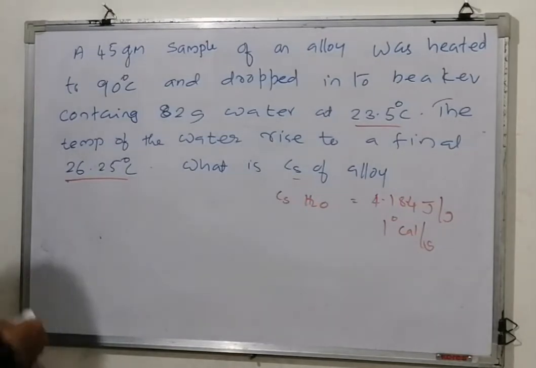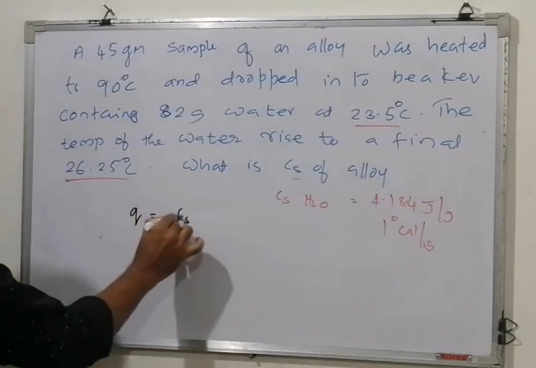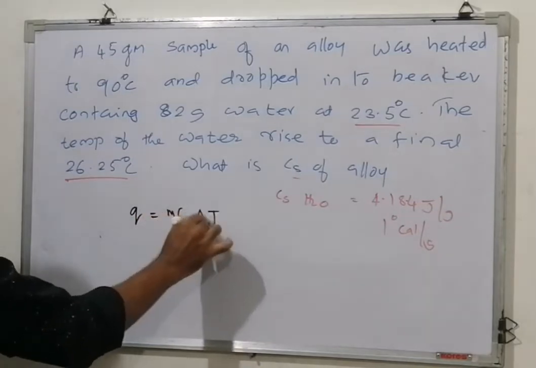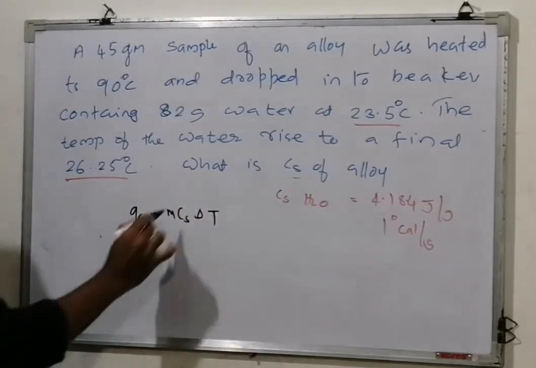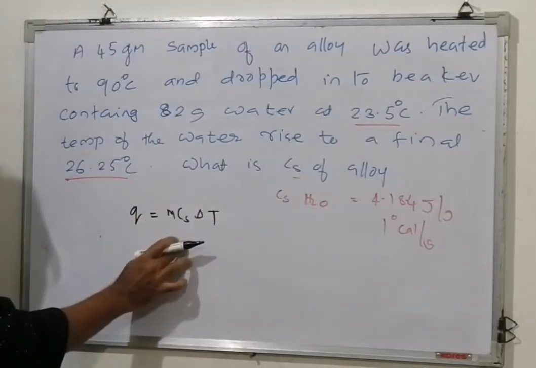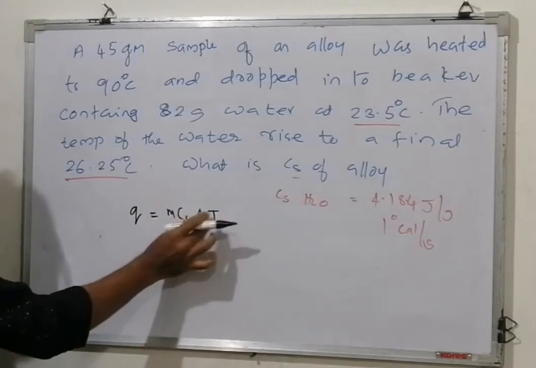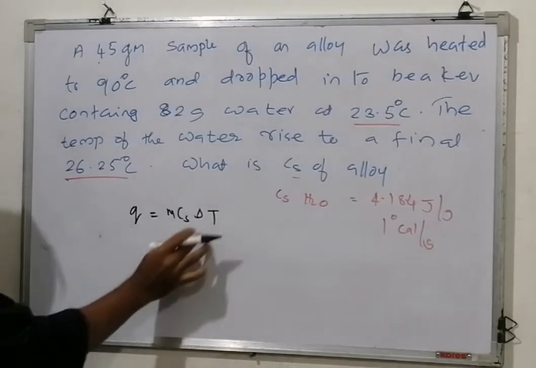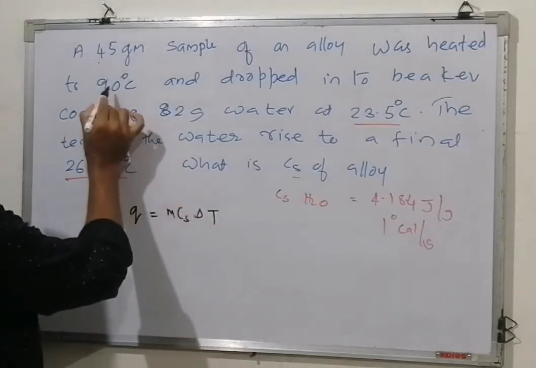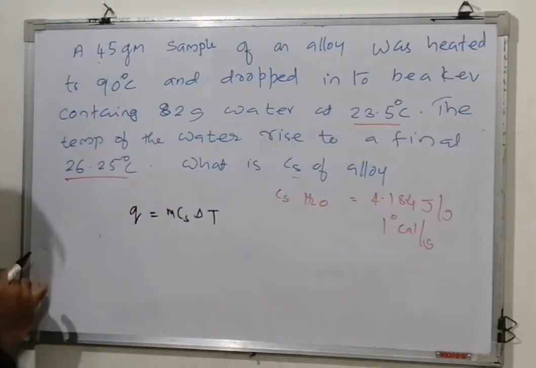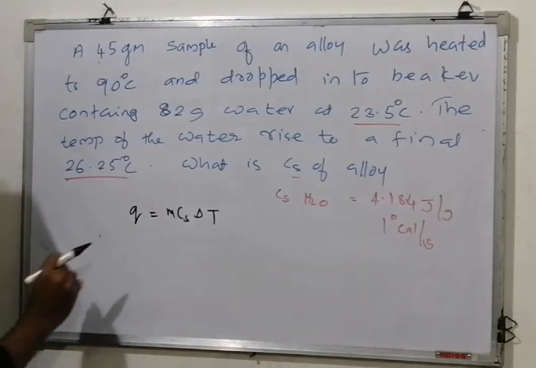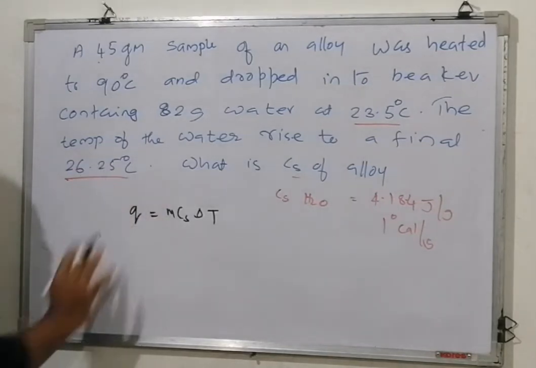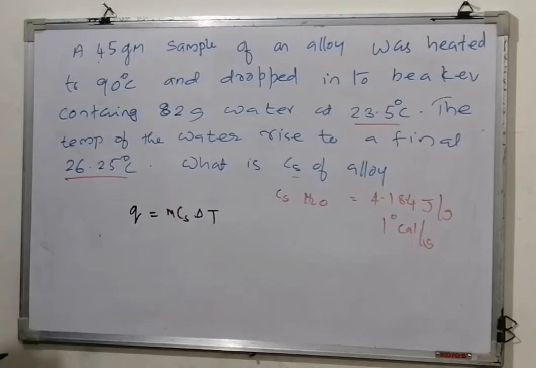We want to know the specific heat capacity. We have the equation Q is equal to m Cs delta T. If you want to calculate this for the alloy, you should know delta T and m. You know the m, but you don't know what delta T is, because only the final temperature has been given. And you don't know what Q is.